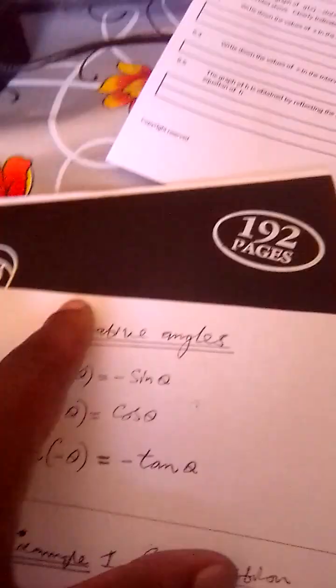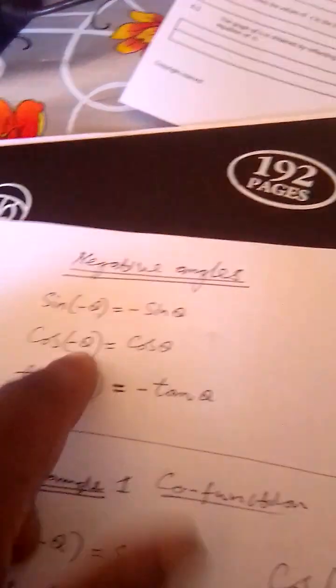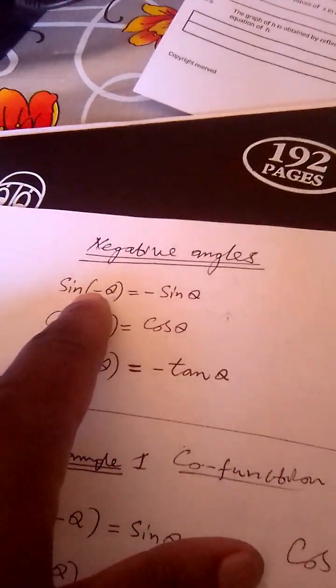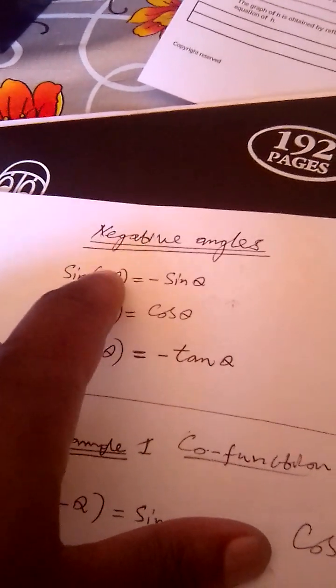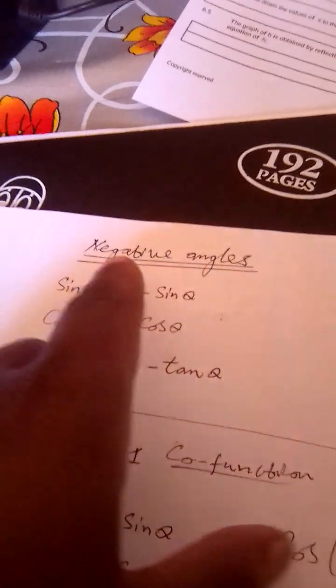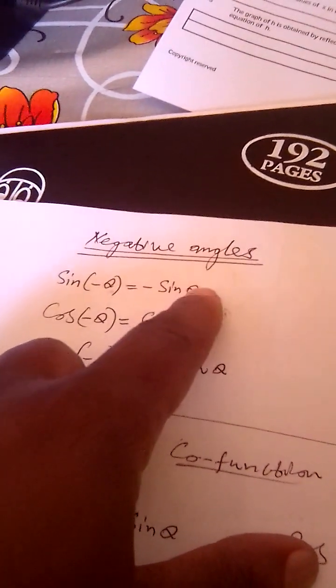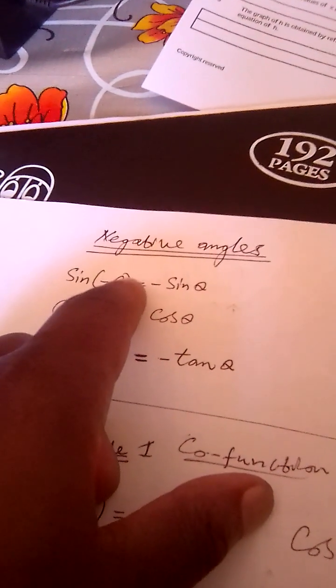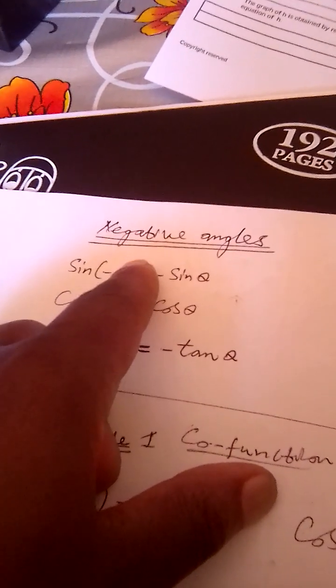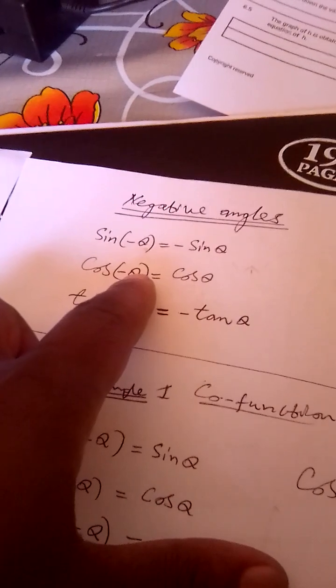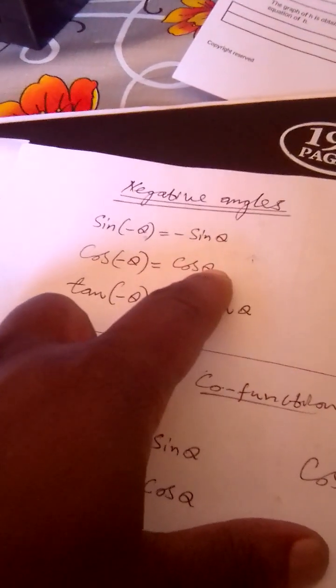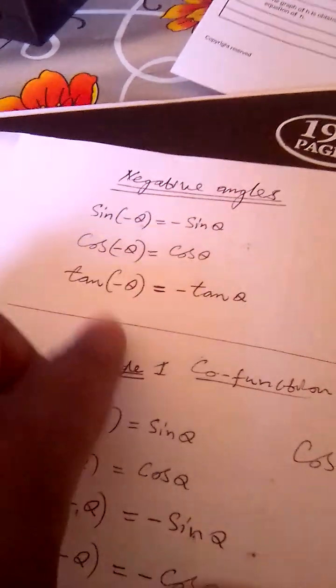Let's see. The next part is called negative angles. Negative angles means that sin of negative theta becomes negative sin theta. Remember, theta here can be any angle, can be x, can be y, can be alpha. Cos of negative theta becomes positive cos theta, it does not have a negative.